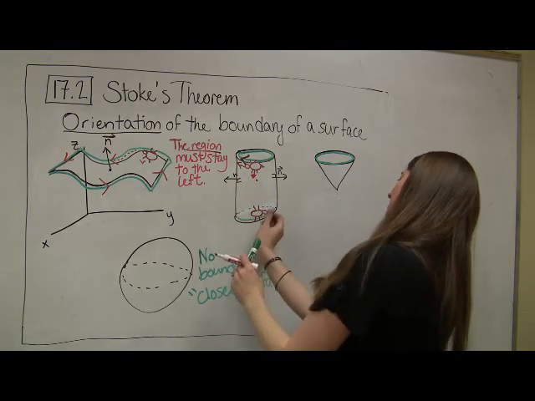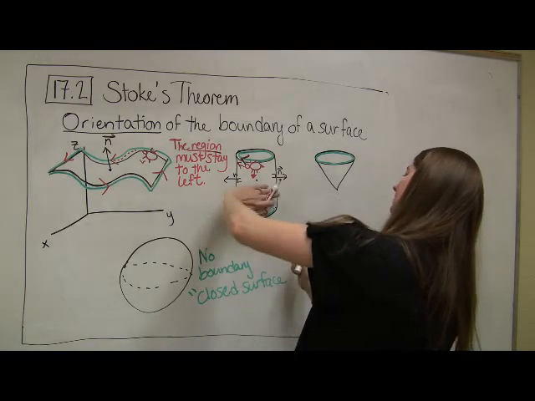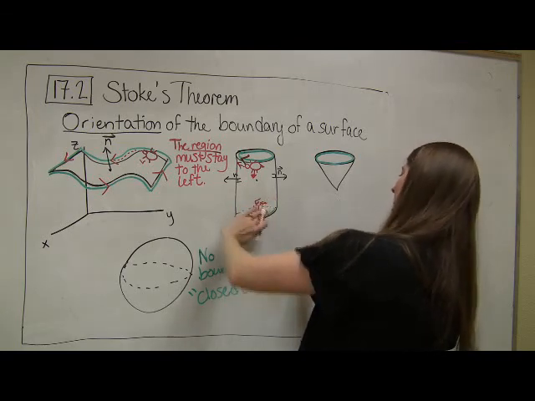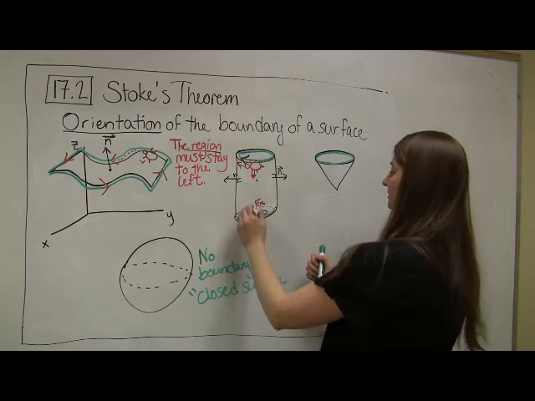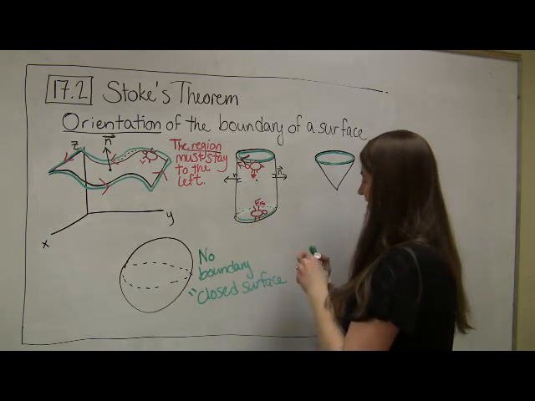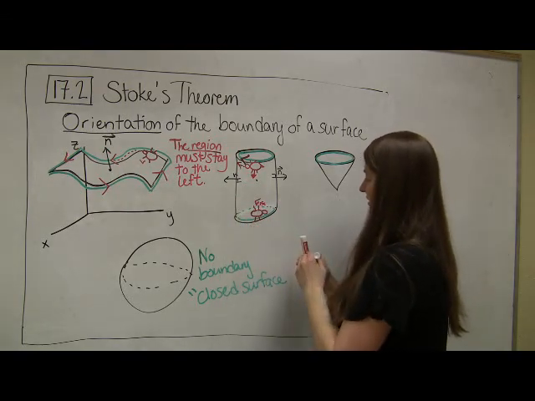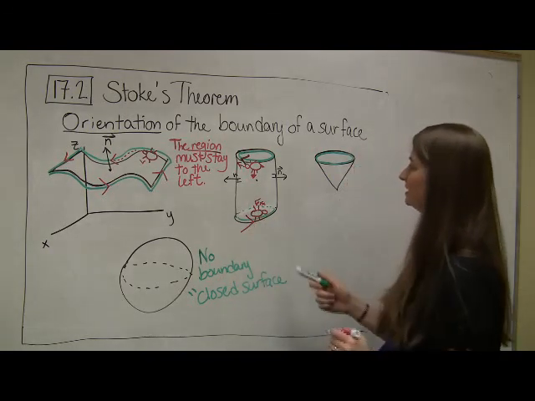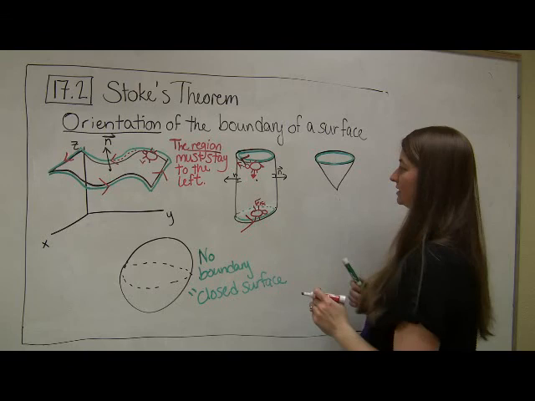I keep saying it incorrectly, and I apologize. So as the turtle's walking, his left-hand side has to be where the surface is. That means he has to walk in the opposite direction. So a positive orientation, in this case, means that the turtle walks that direction.